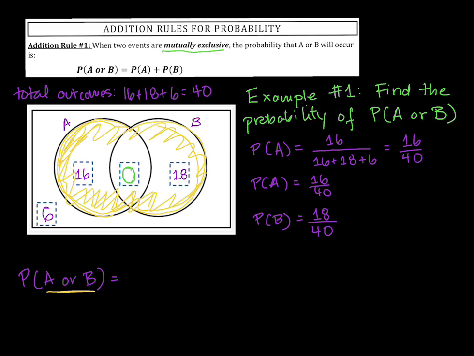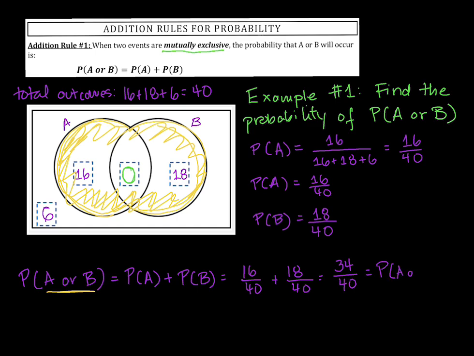We can do that by adding up the events, but if we use this rule up here, we add the probability of A plus the probability of B, and that is 16 out of 40 plus 18 out of 40. Since they have the common denominator, we just add them up. So that should be 34 out of 40 is the probability of A or B.